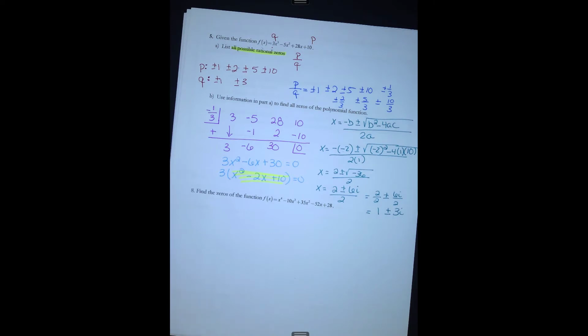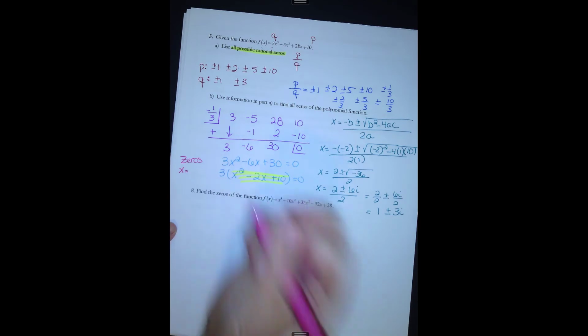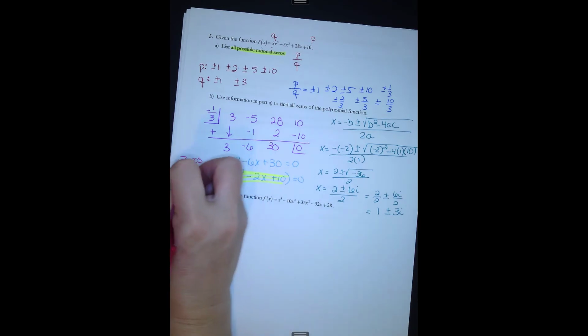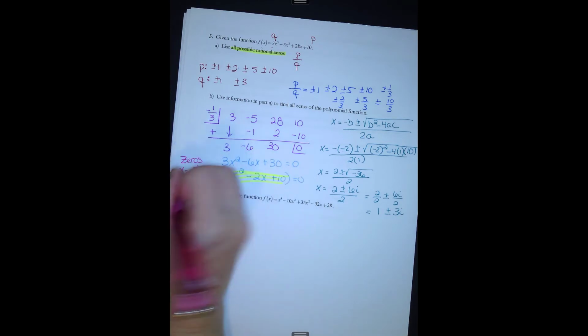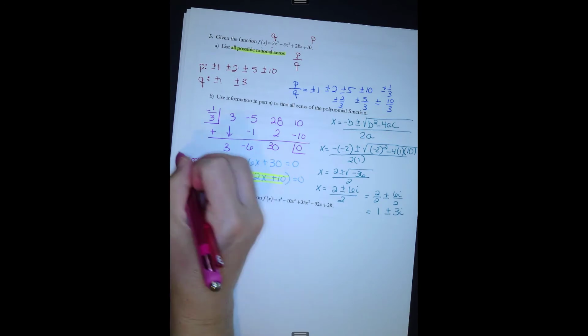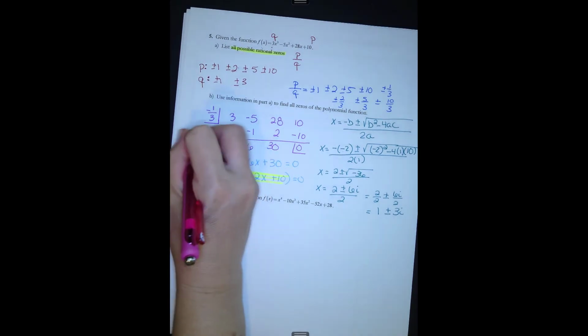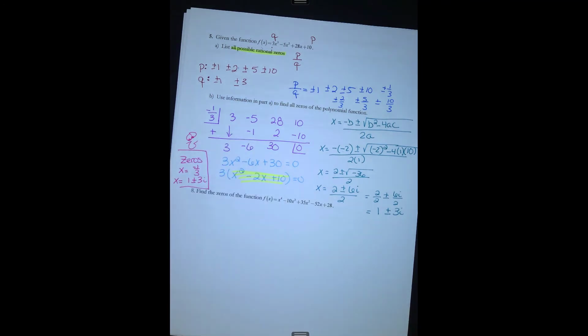So we can kind of just write and say that our zeros, that x equals negative 1/3. Don't forget about the one we used in our synthetic division, and x equals 1 plus or minus 3i. So here is our final answer.